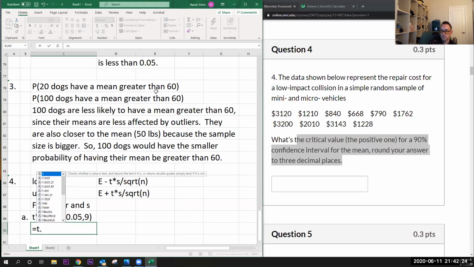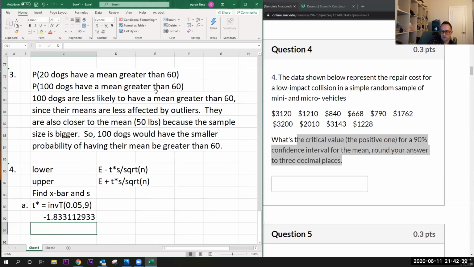T dot INV, left-tailed inverse of the student's T distribution, 0.05. Wow, look at that. Great. So that's how you do that.